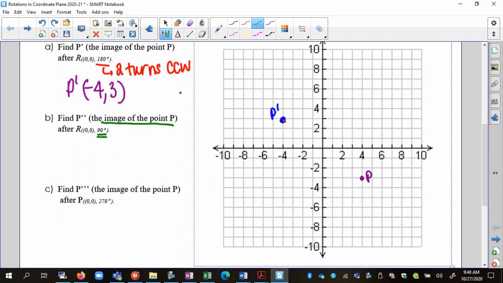Think about 90 degrees. Well, this means I would have to move 1 quadrant, right? We're going counterclockwise again, so we're going to turn our paper once. So 1 turn counterclockwise. It should end up here in quadrant 1 because you're rotating it just 90 degrees. Basically, if you imagine a right angle right here, that same distance away is where it should go.